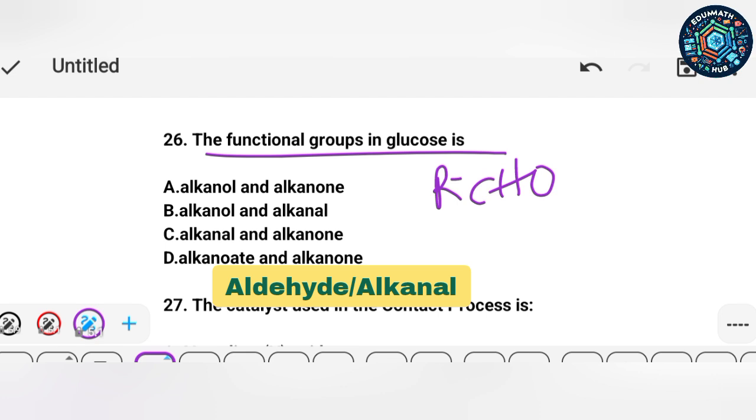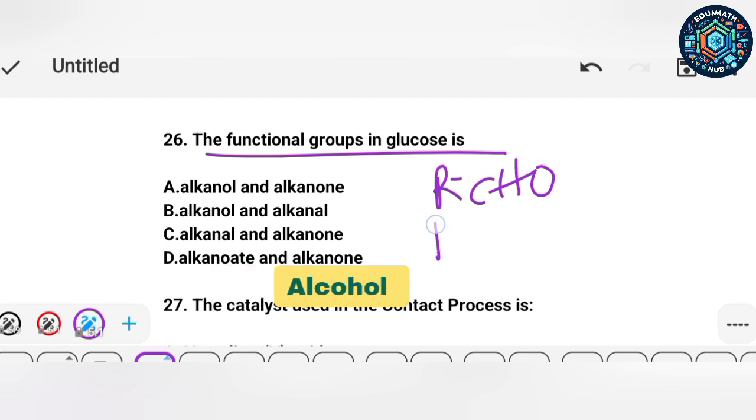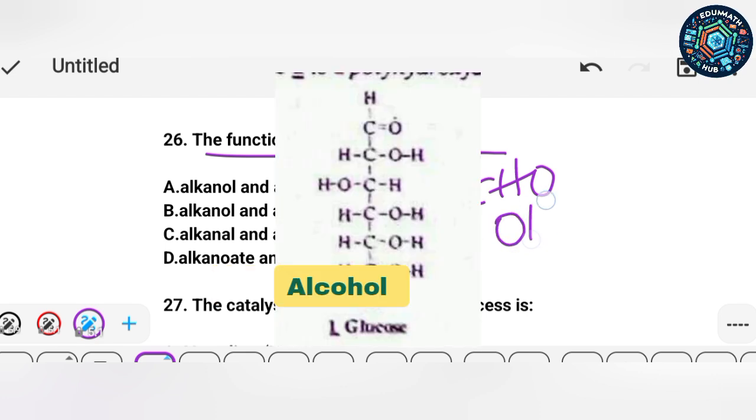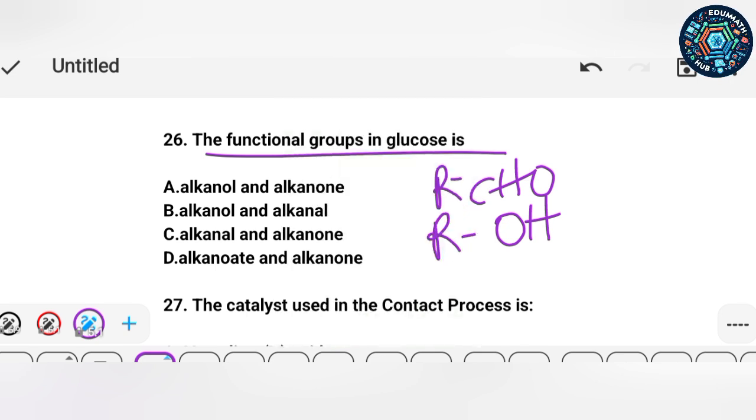It also contains another functional group called the alcohol functional group, which is ROH. If you look at your screen right now, this is the structure of glucose. Glucose is sometimes called an aldose. Keep that in mind. So the answer is alkanol and alkanal. Alkanal is another name for aldehydes. So the answer is option B.